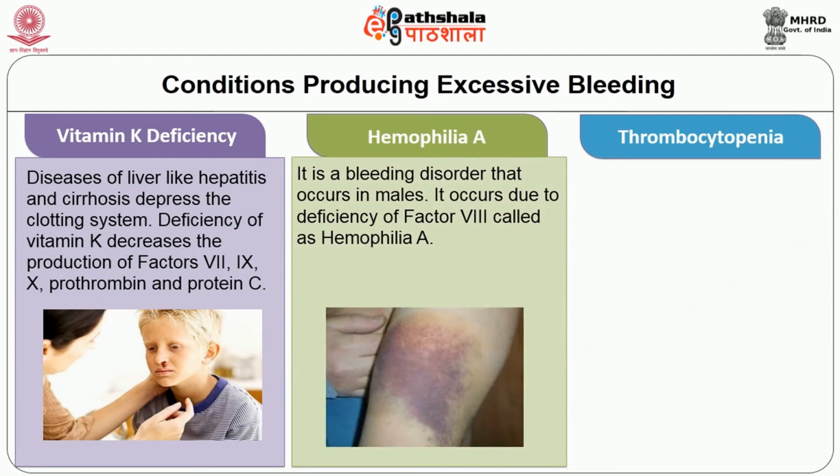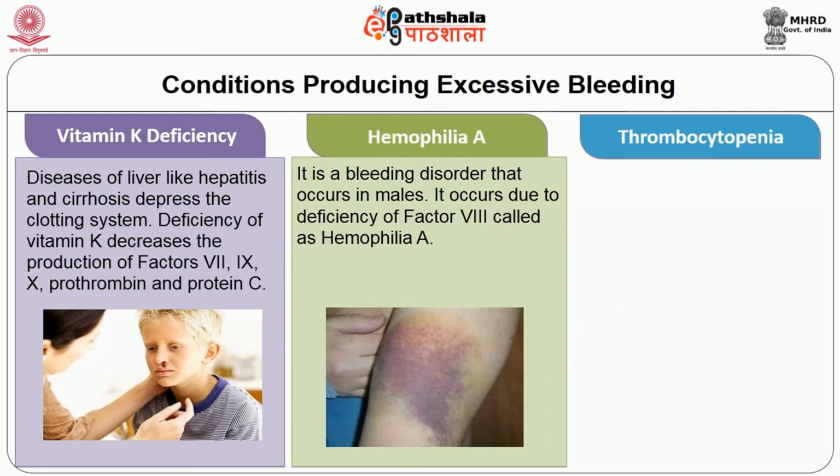The next condition that produces excessive bleeding is hemophilia A. It is a bleeding disorder that usually occurs in males. Here females are the carriers and the disorder is predominantly present in males. It is a genetic disorder and occurs due to deficiency of factor 8.